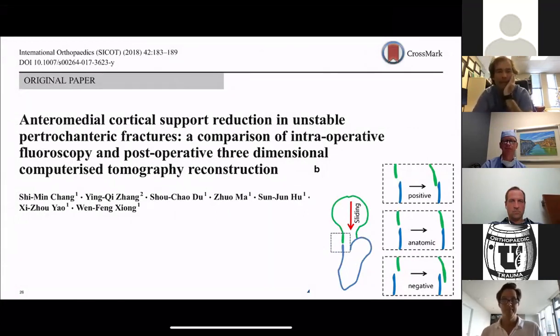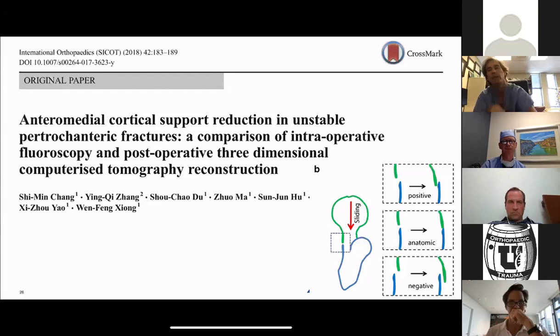So by keying in that anteromedial spike, theoretically at least, we should have less sliding, which leads to less deformity and less potential failure, right? Because we're getting load sharing earlier.